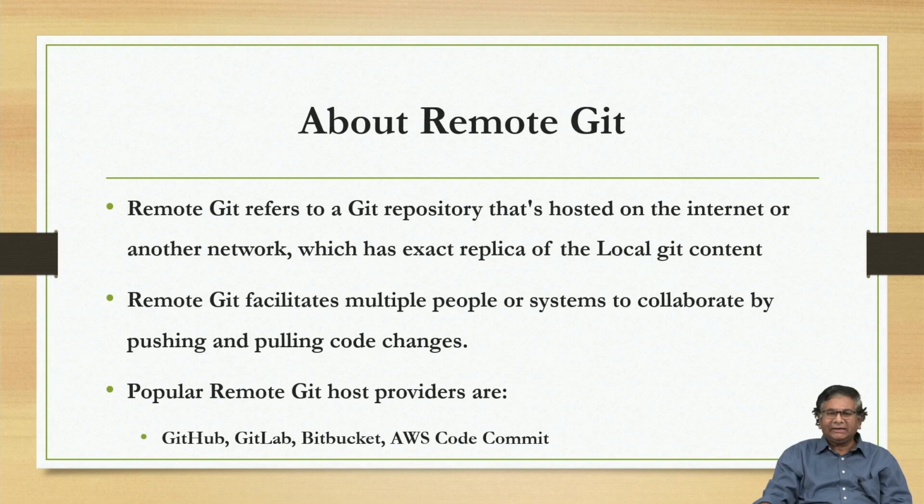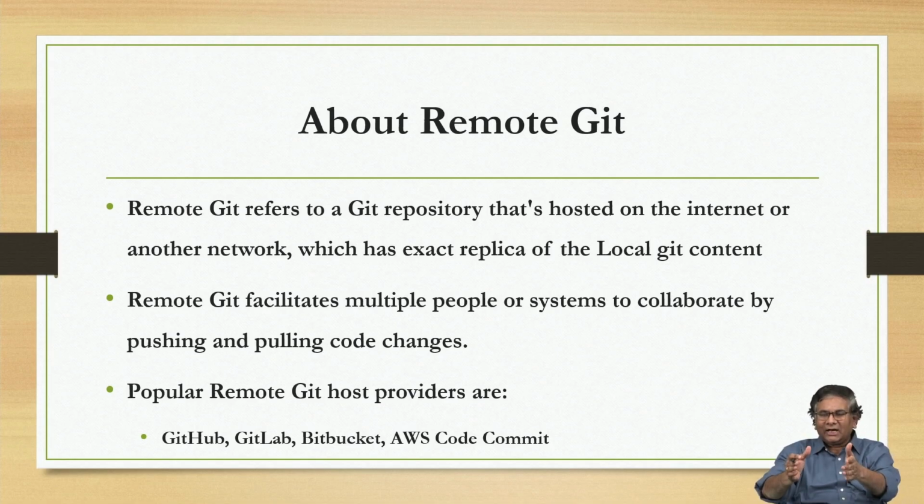Remote Git facilitates multiple people or systems to collaborate by pushing and pulling code changes. So like I said, when you are working on a group project where people are geographically separated, you need a common place, right? So that's where you can use remote Git. People will be connected to that remote Git. They communicate through that remote Git, basically. Again, just want to make it much more clear.